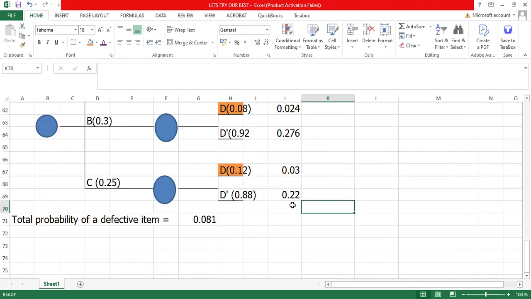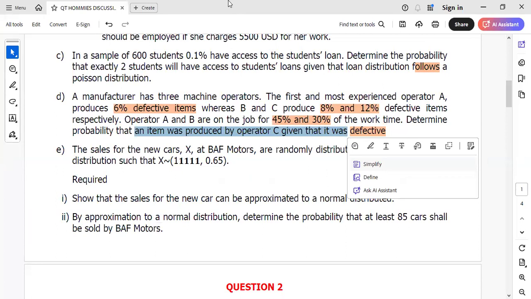Then the question is, you get the probability of C producing defective, the probability of C, given that it is defective. What is the probability that an item was produced by operator C?